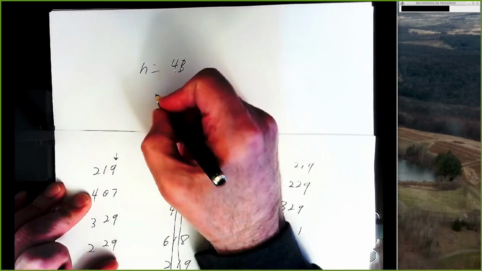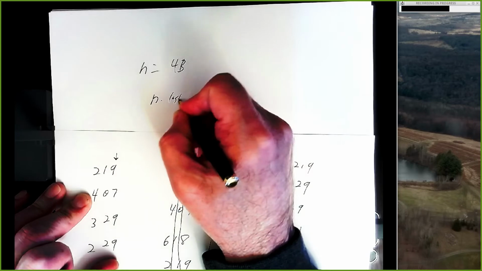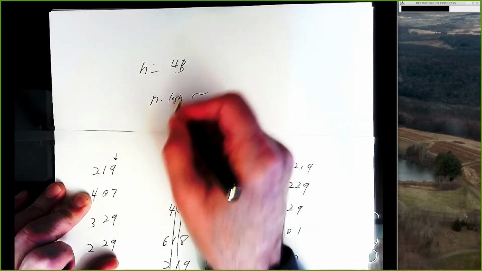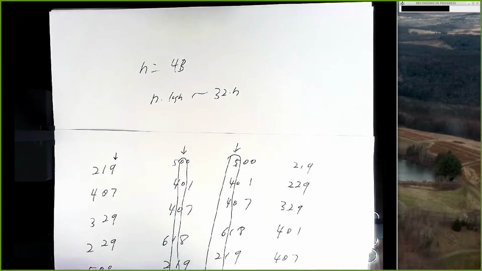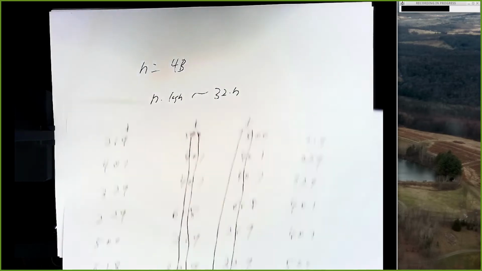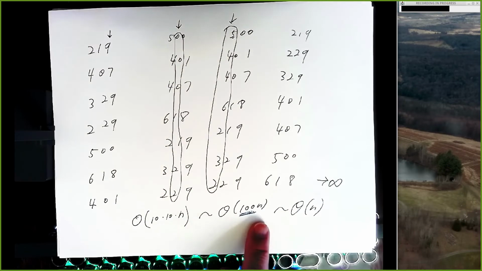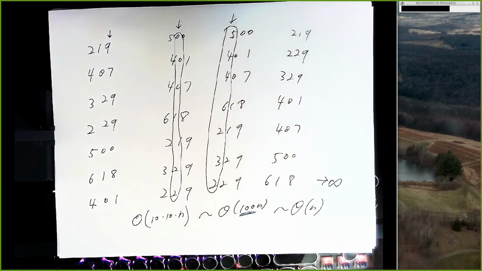And a quicksort is order n log n. Well, log of 4 billion is approximately 32. So a quicksort would be roughly order 32n, whereas a radix sort would be roughly order 100n.